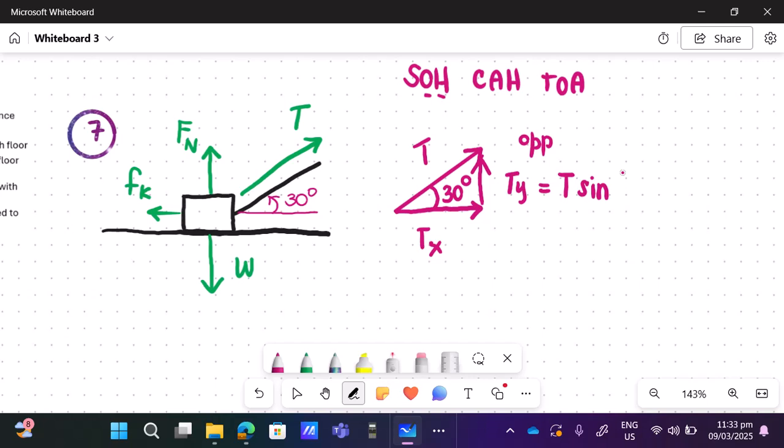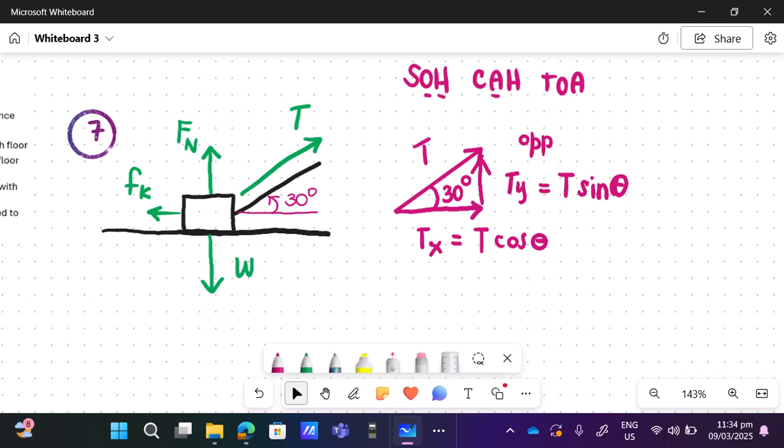Okay, so let's just use theta for now, which gives us another hint. If the component is at the adjacent side of the angle of concern, then this will be cosine. So this horizontal component is equal to resultant T times cosine theta.